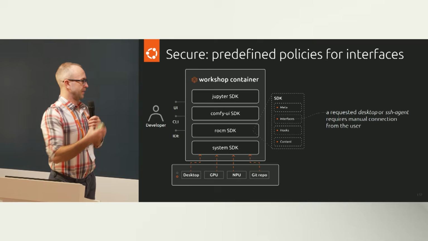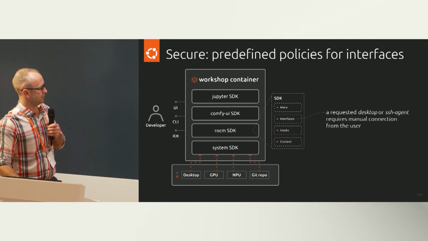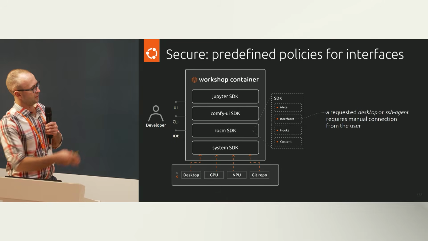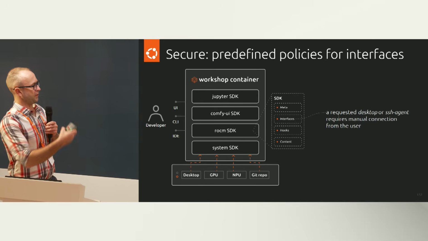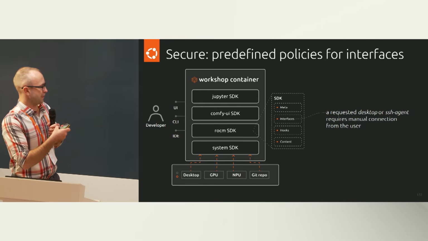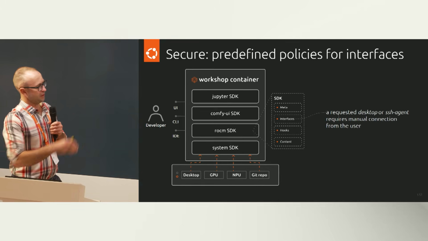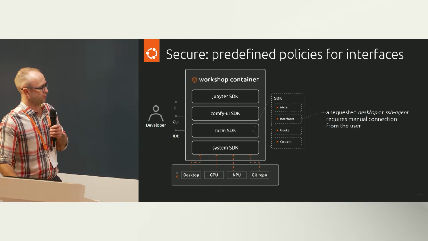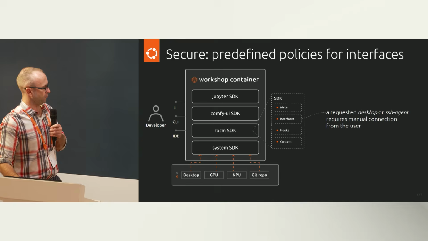When the SDK gets installed in it, the SDK can request a certain resource. Like in this case, it's a desktop socket or SSH agent to be available in that container. And as per the policies that we define for every interface type, Workshop can decide to either allow or disallow access to this resource automatically, or require a manual connection from the end user.